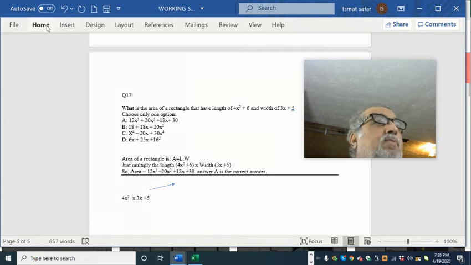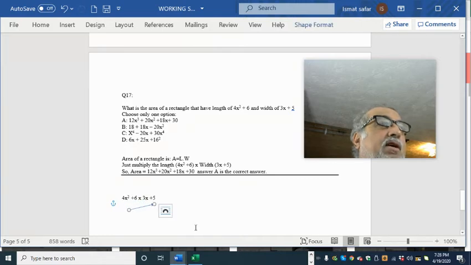Anyway, let's go back to our question here. So it's a plus 6. This is the length, and this is the width, 3x plus 5. We simply simplify, right?